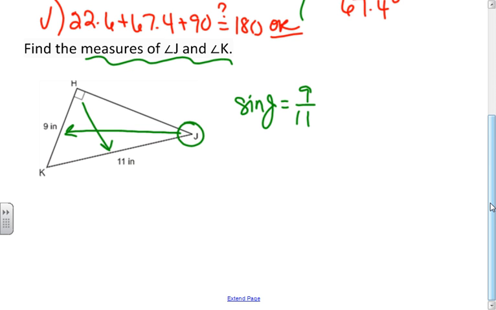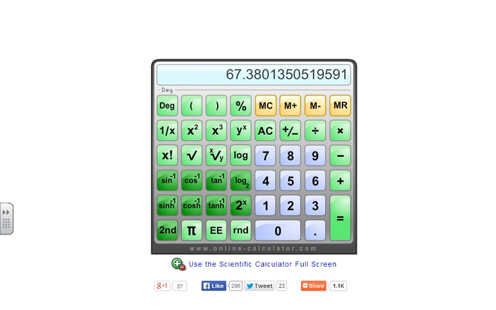And if you go to your calculator and you do 9 over 11, clear, 9 divided by 11, and you do inverse of sine, you get a 55 degree angle.